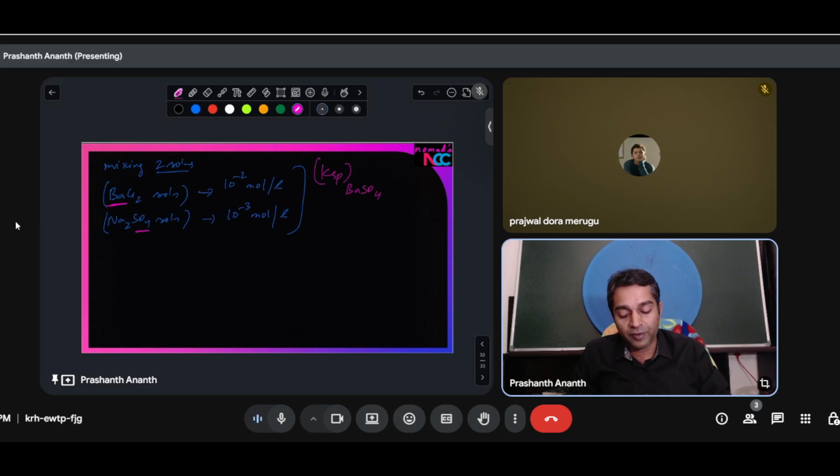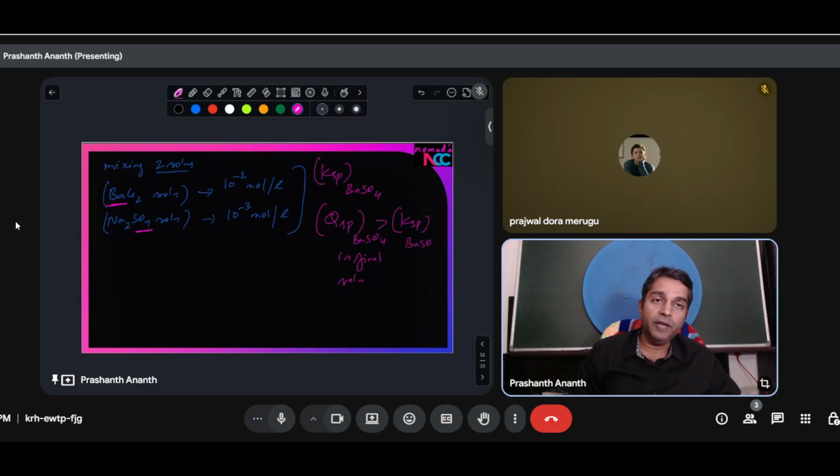Barium 2 plus and sulfate ion concentration individually in the final solution, and then see if QSP of BaSO4 in final solution is greater than KSP of BaSO4. If it is greater than that, then precipitation happens. If it is lesser than that, precipitation does not happen.